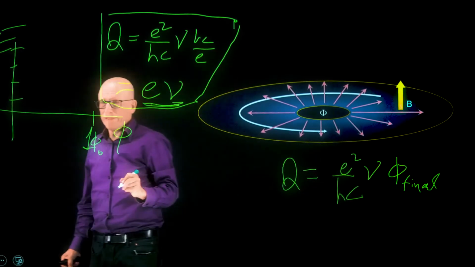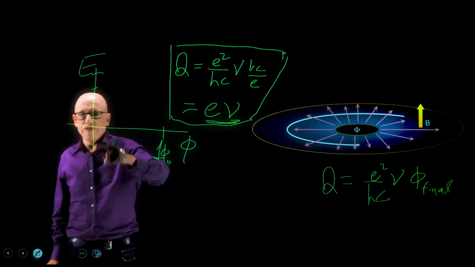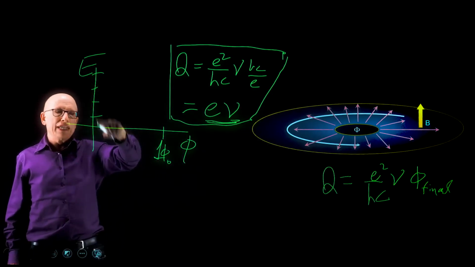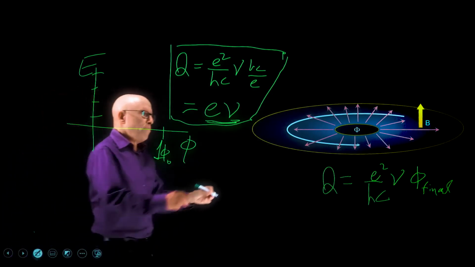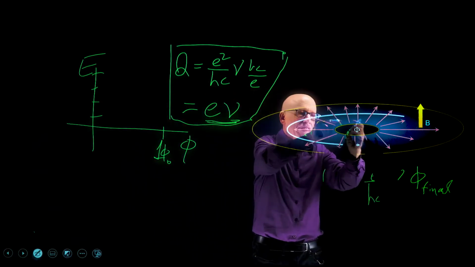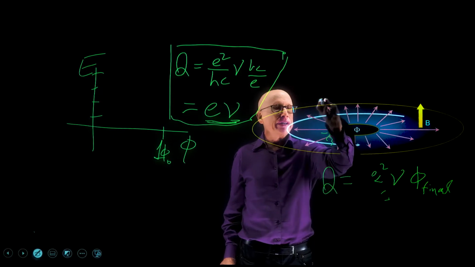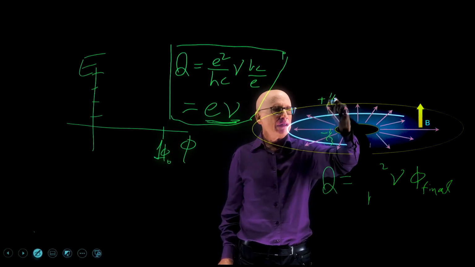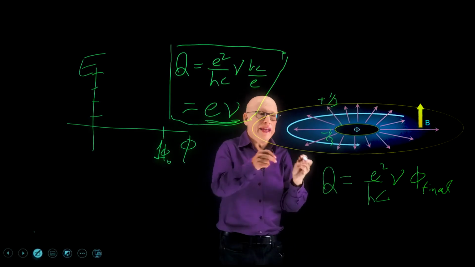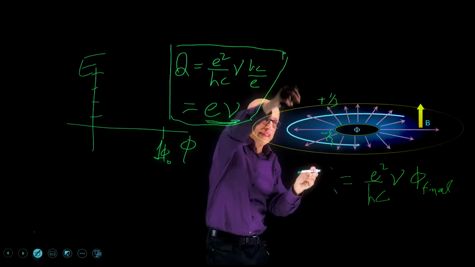So what did we see? We saw that as we evolved the system in time as a function of flux, we pushed out 1/3 of a charge from here to here, and the system ended up in an eigenstate.